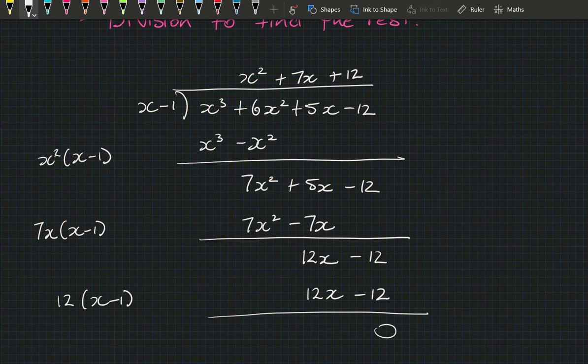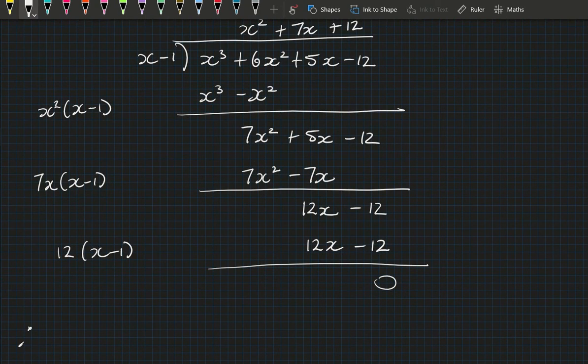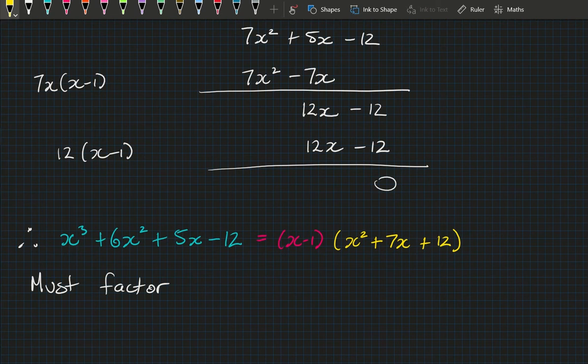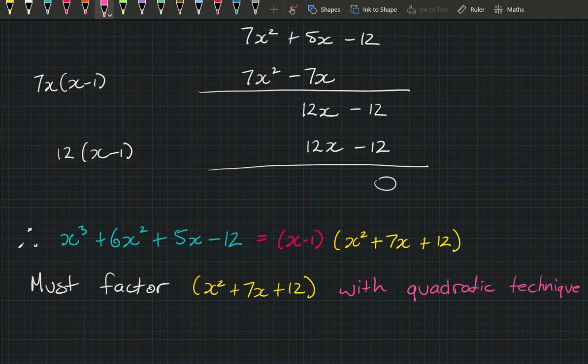So if you remember from our previous lesson, that means that x cubed plus 6x squared plus 5x minus 12 is equal to the divisor x minus 1 times the quotient x squared plus 7x plus 12. So now that we've got one linear factor, we must factor x squared plus 7x plus 12 with quadratic techniques.